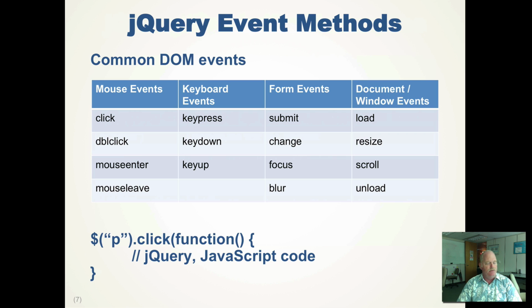jQuery also has events very, very similar to the DOM events. In fact, they're using the same names, similar to the addEventListener function. So if you want to cause a selector's click, you can define its function, double click, mouse enter, mouse leave, key press, very similar to the addEventListener. You can attach events to the document and window, as we talked about briefly in our DOM event discussion.